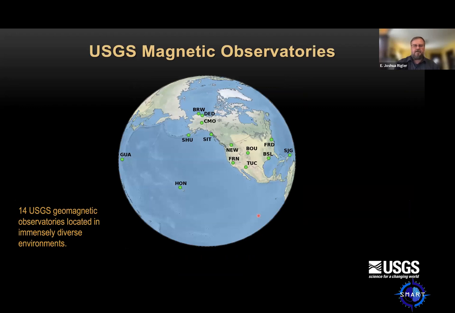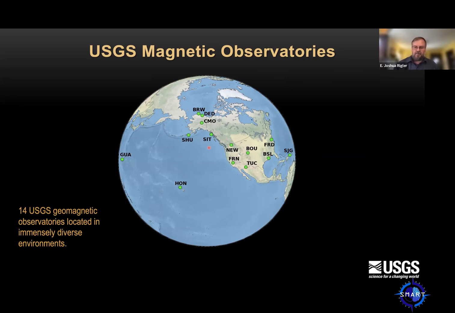But what is a geomagnetic observatory, or where are geomagnetic observatories? Well, the USGS has 14 of these, geographically distributed across the northern and western hemisphere: North America, the North Pacific, and the Caribbean. We have a high density of observatories in Alaska, because there's a lot of aurora there, which are reflective of space weather that we're interested in.